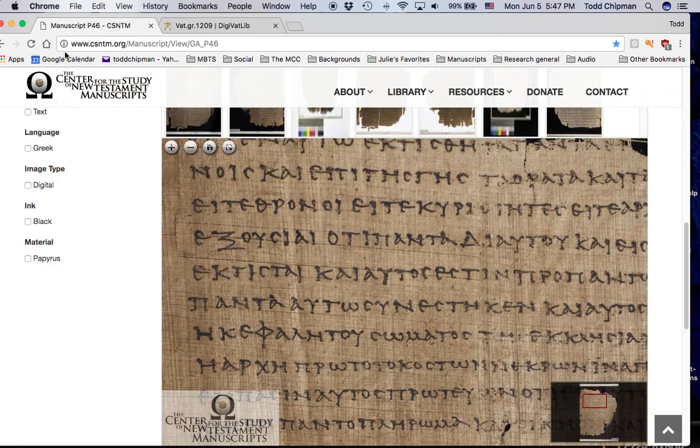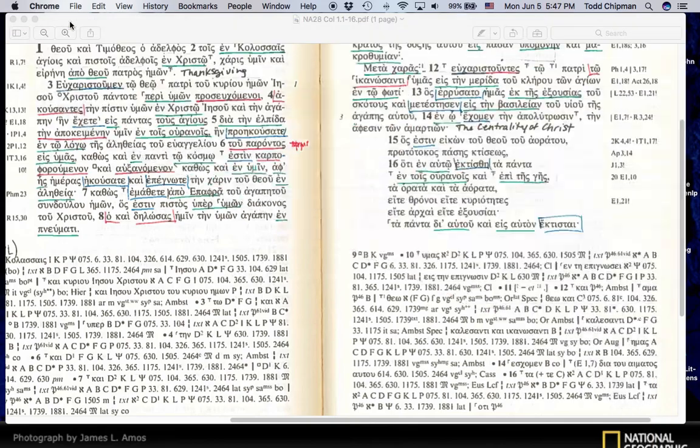So there's a bit of textual criticism, and P46 the lone witness there, so likely the scribe misread from here or was thinking of the earlier hoti here at the beginning of verse 16.